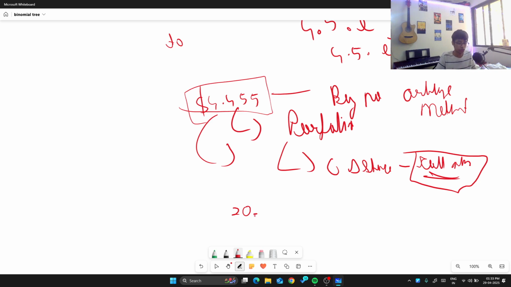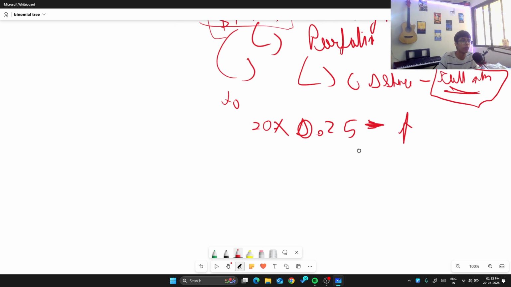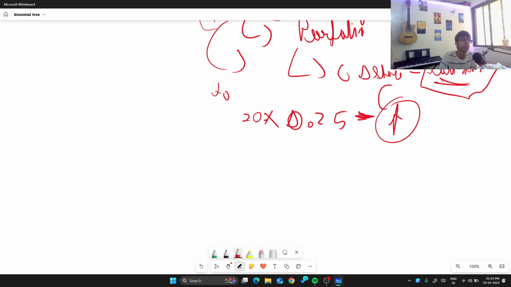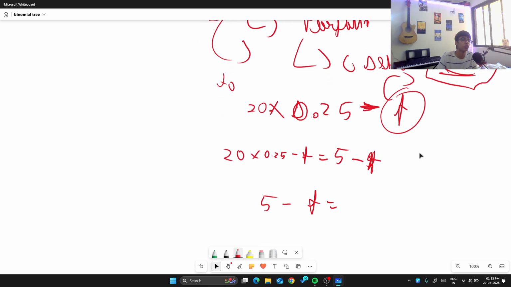So our portfolio at T0 has delta shares, I mean 0.25, minus f, where f is the option price. So 20 times 0.25 minus f equals 5 minus f, and we have the discounted value of our portfolio, that is 4.455.